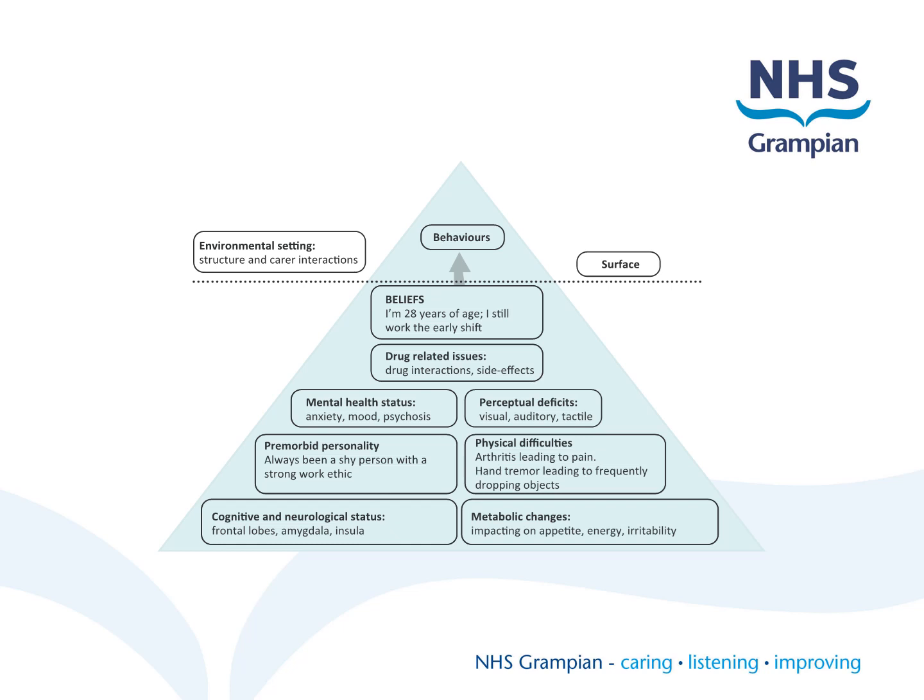Robert was always a dedicated worker, and work was really important to him. We can therefore use all of this information that we've gathered to respond to Robert in a much more person-centered, proactive manner to attempt to reduce his distress.